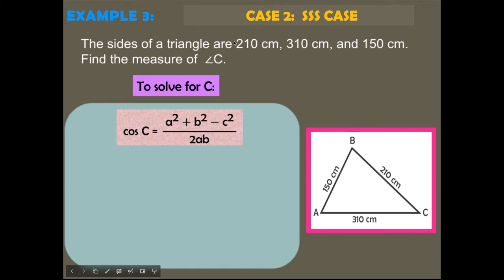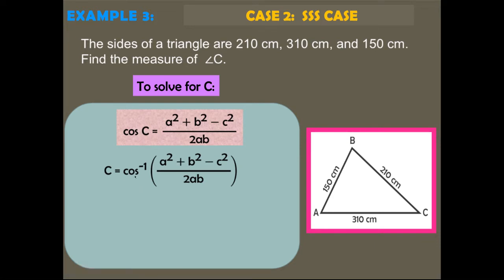So, cosine C will be equal to a squared plus b squared minus c squared all over 2ab. To solve for the angle C, remember, we will use the inverse trigonometric function.